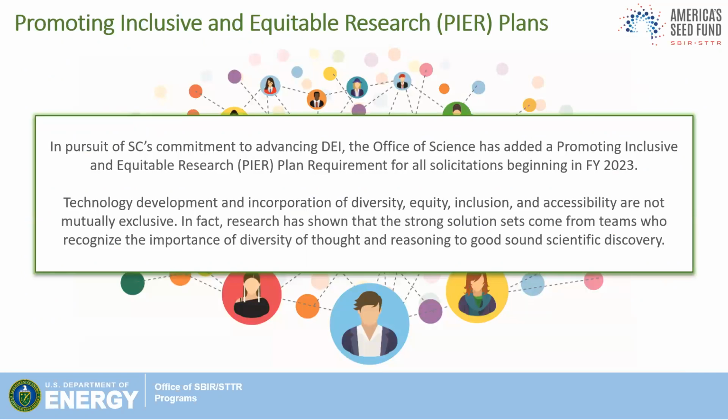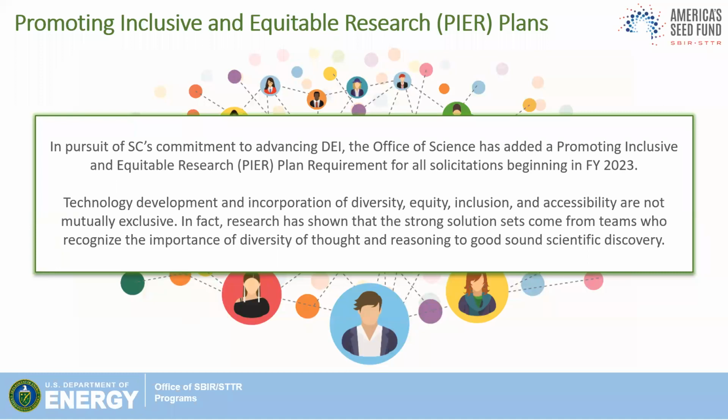Another new requirement in fiscal year 2024 is that your application must include a plan of how your small business is promoting inclusive and equitable research. So we've added this. The Office of Science, which we are a part of, added this requirement in fiscal year 2023, and we delayed adoption for 1 year, and we have just adopted it now that it's fiscal year 2024.